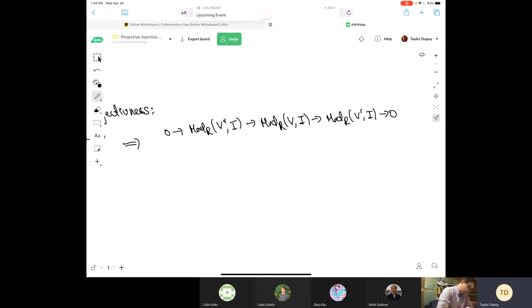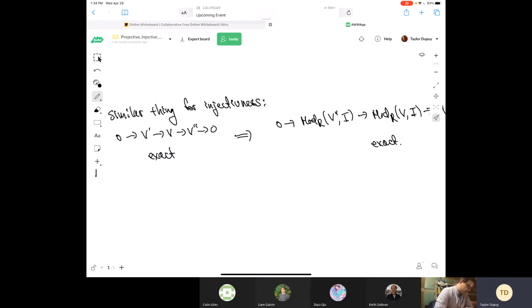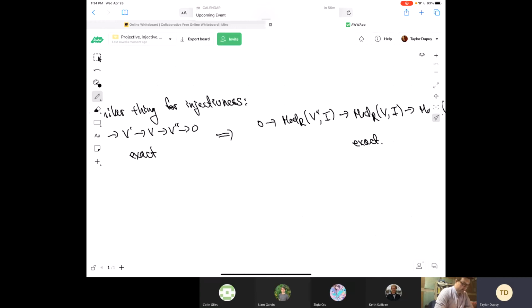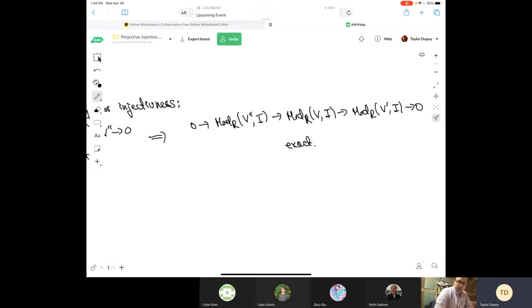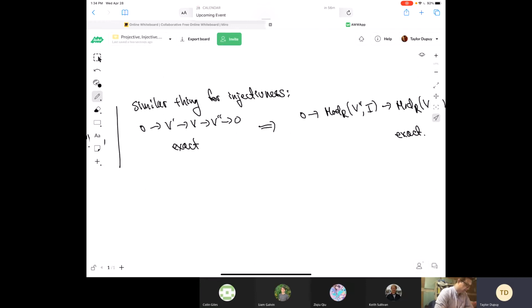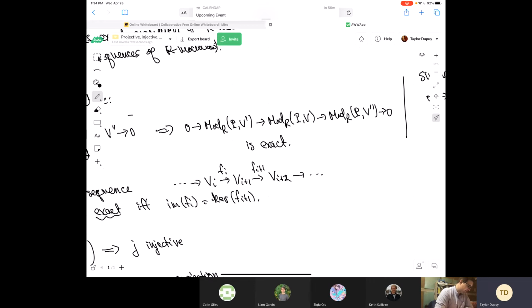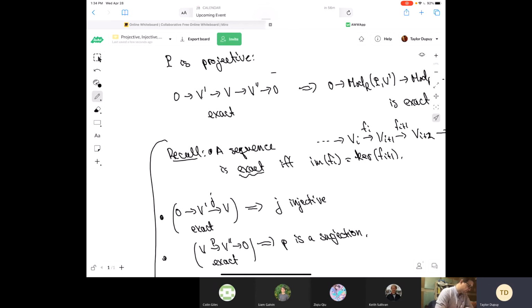Note that this is exact. So in this case, everything gets flipped: injections go to surjections, and surjections go to injections, in the injectivity case, or when you're doing the contravariant thing.